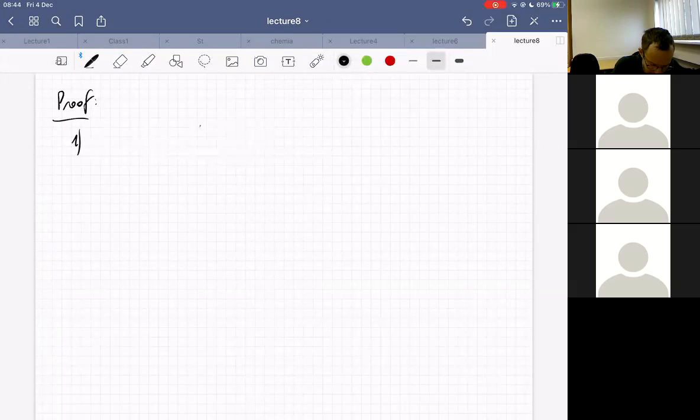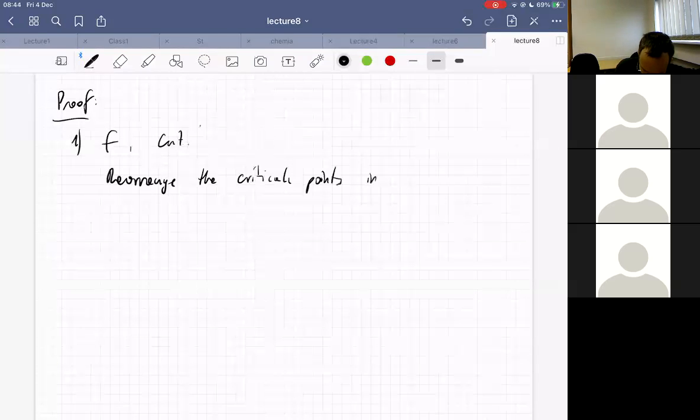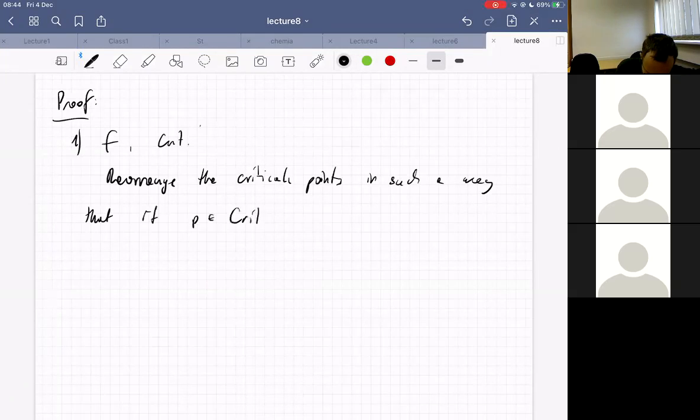We have critical points of f, and these critical points can have different values. So rearrange the critical points in such a way that if p is a critical point of index k, then f of p is equal to k.